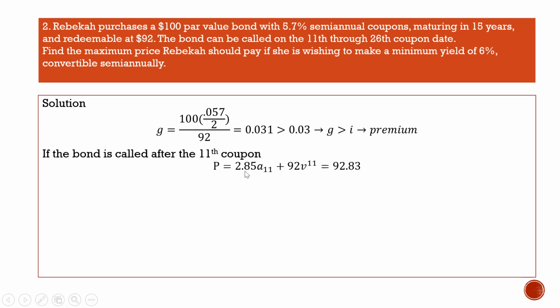Because here it is half year, you have 2.85% of 100 par value for coupon. 92 is the redeemable value, and after 11 coupons, N is 11. Interest used here is 3%. So the maximum price Rebecca should pay if she is wishing to have minimum yield rate of 6% convertible semi-annually is 92.83.